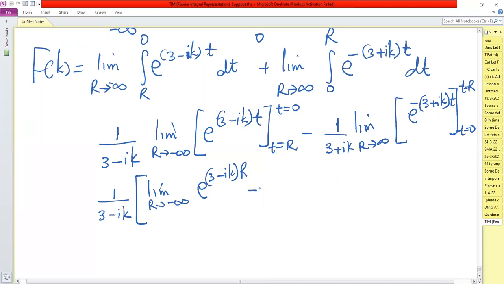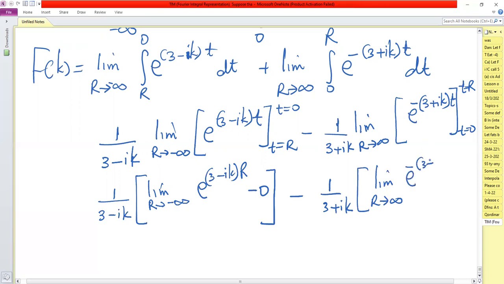Putting in 0 just gets 0. Minus 1 over 3 plus ik, into the limit as r approaches infinity of e raised to the power negative 3 plus ik r, minus 1.